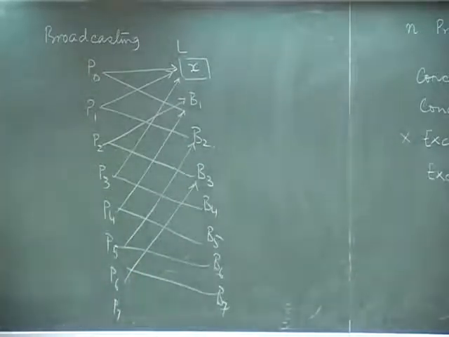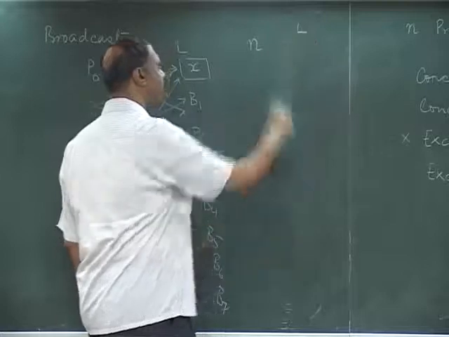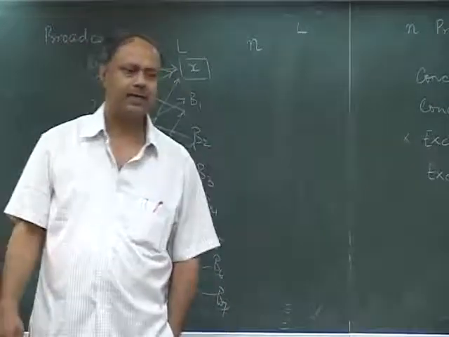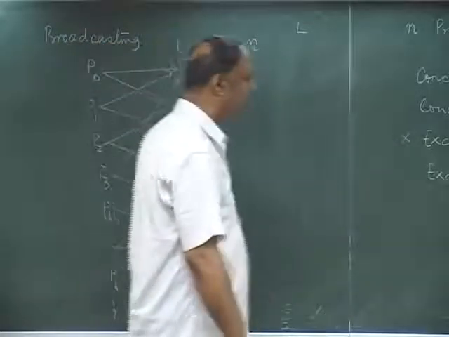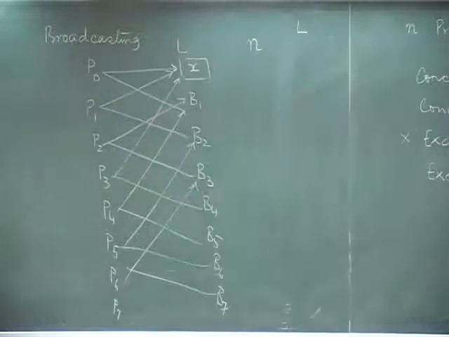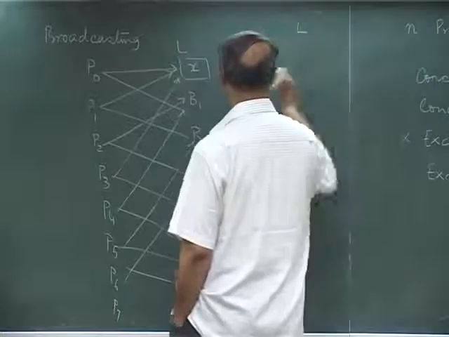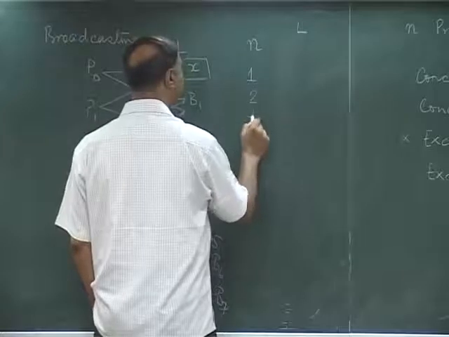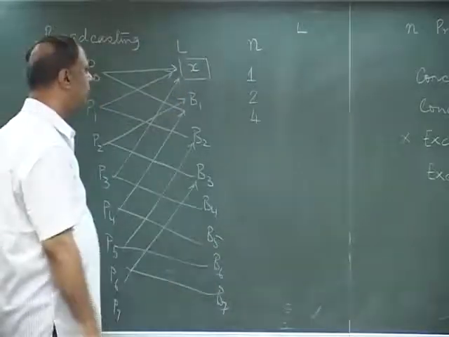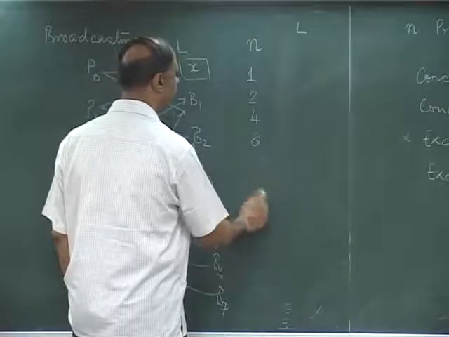So can you tell me how much time you need to broadcast, or to read the location L by N processors? Yes, the time will be of the order of log n. First time only one processor, second time two processors will be reading the location, third time four processors, fourth time 8 processors, and so on.